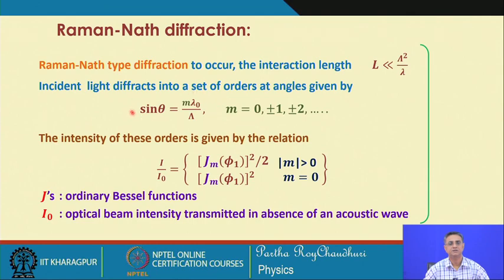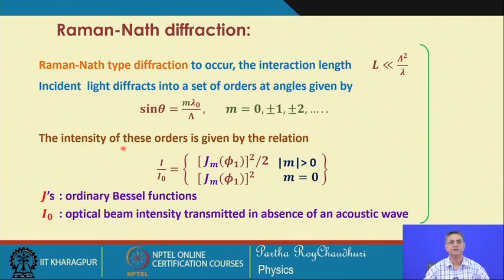We have seen this in detail: sin theta m, for m equal to 0, plus minus 1 and 2, gives the direction of the diffracted beams just by knowing the pitch of the acoustic wave, the wavelength of the acoustic wave, and the wavelength of the optical beam.